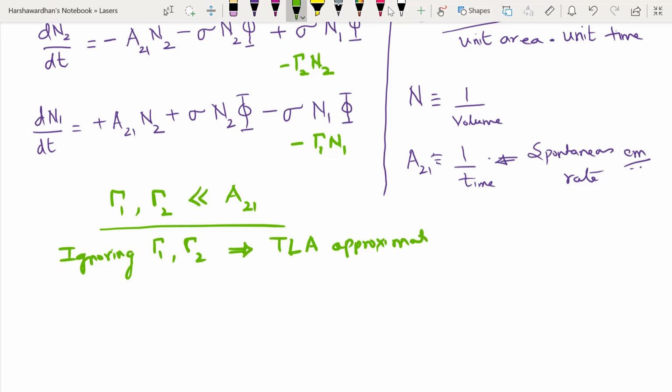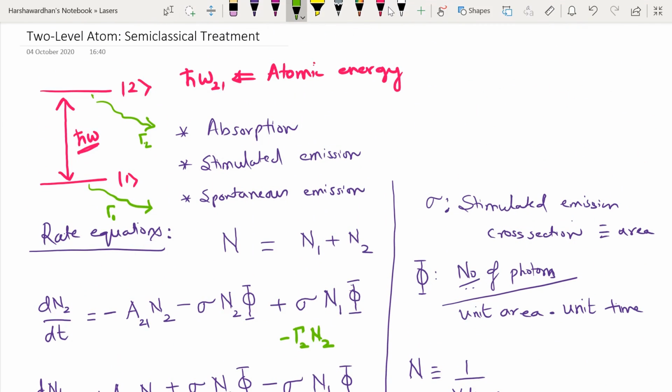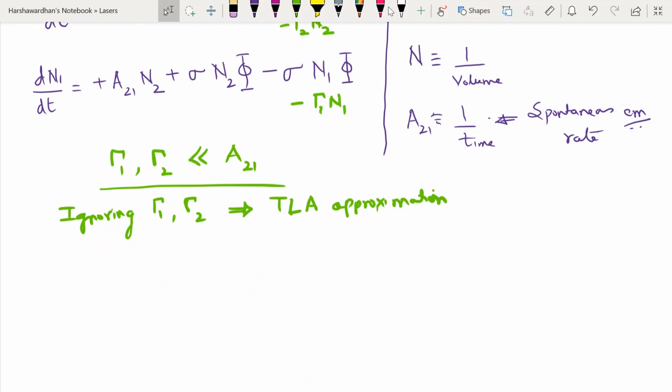Because this is what ensures that the electrons do not go out of these two levels, and they stay put within these two states themselves. So that is essentially what is the two-level atom approximation. All right, we are going to solve these set of two equations and see what we can learn from it.